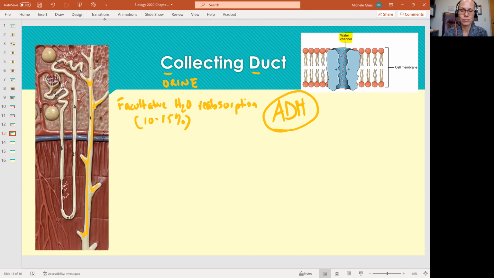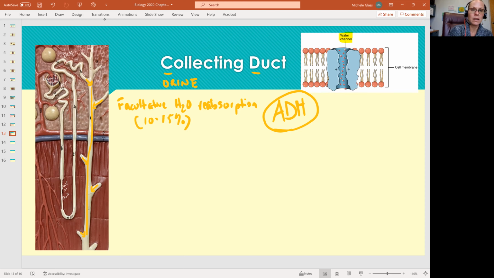ADH tells the cells, stick those water channels in the phospholipid bilayer, and you reabsorb water, and that's producing a very small volume of concentrated urine, right? And then if you don't have ADH, then you don't get those water channels, and so that water just becomes part of the urine, and then you get a large quantity of dilute urine. So that is the difference there.